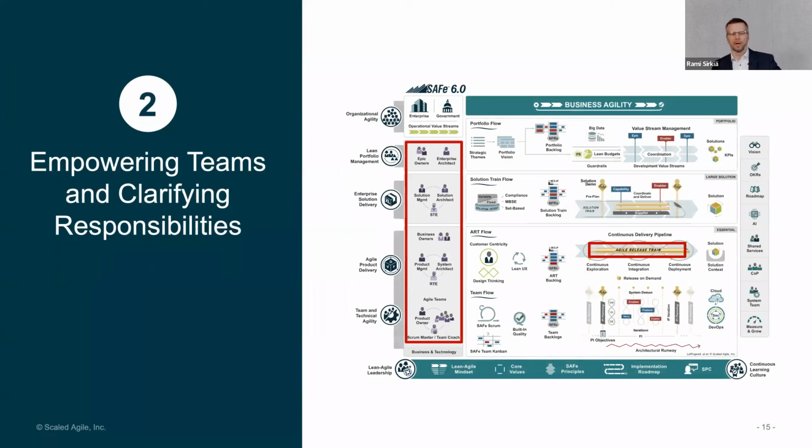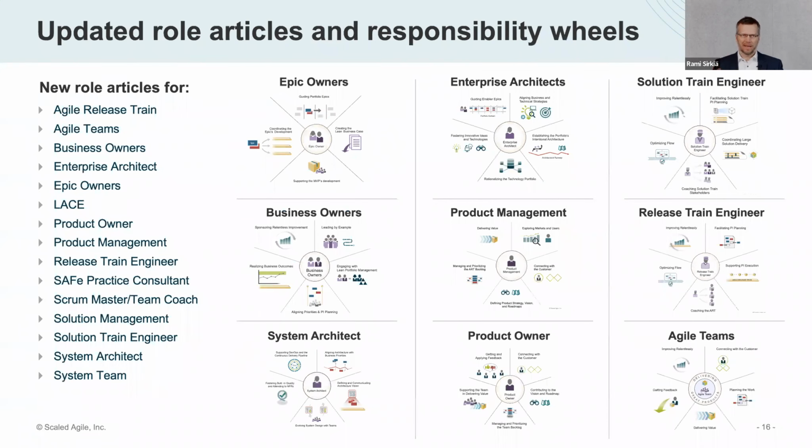Second theme is about empowering teams and clarifying responsibilities. So making everything much more clear is obviously important. It could be that in the transformation, you have old roles. We want to change something, so how do we communicate the change needed? And these responsibility wheels are very critical, and one good way to articulate what this particular role is to do.